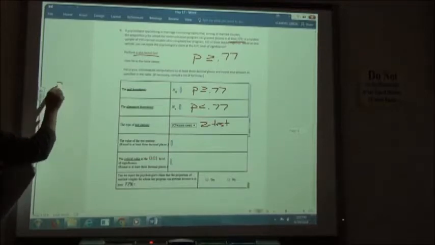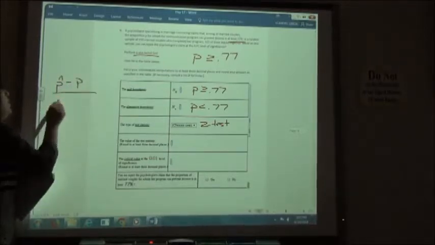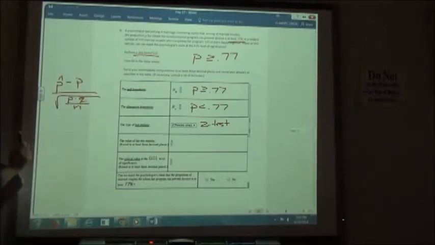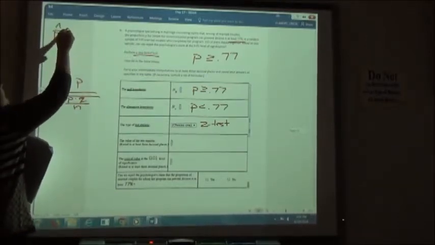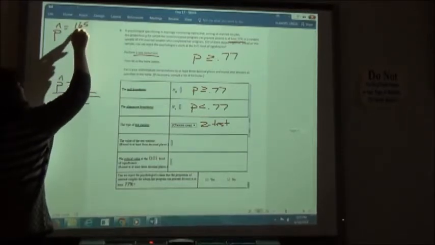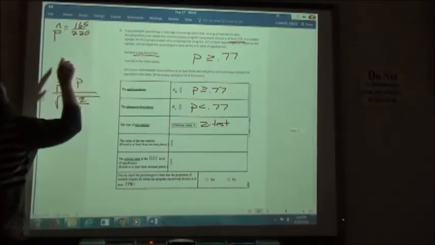So, P hat minus P over the square root of P times Q over N. P hat, our sample proportion, is 165 over 220.